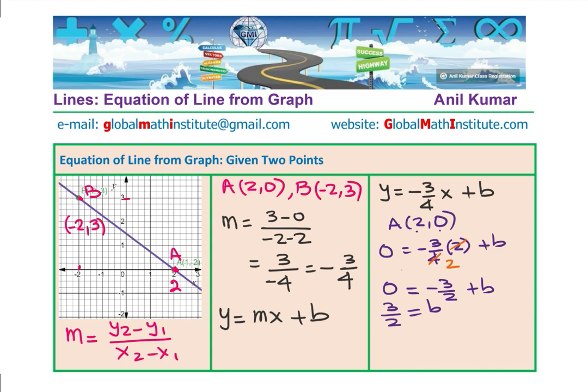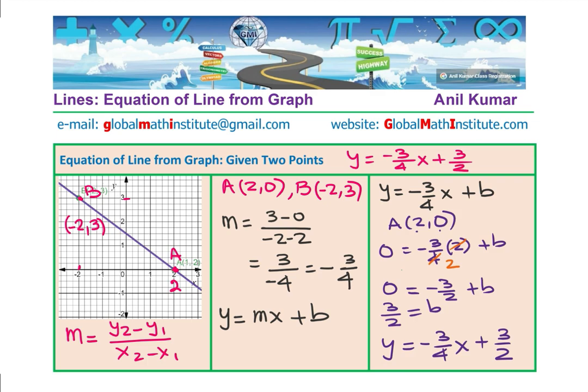Since we know b now, we can get the equation as y equals minus 3 by 4 x plus 3 by 2. Is that clear to you? So that is how we get the equation of our line. So in this case, the equation of the line is y equals minus 3 by 4x plus 3 by 2. Is that clear to you, right?